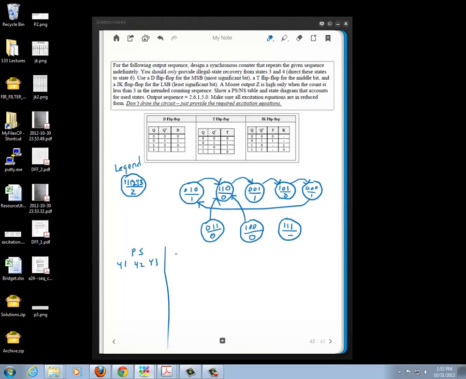And then we're going to go ahead and write the next state variables, y1 plus, y2 plus, and y3 plus. I'm doing this because we already have this information in the state diagram. We're then going to come up with the excitation variables.